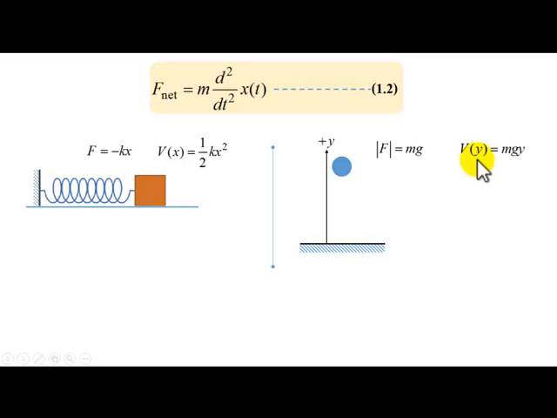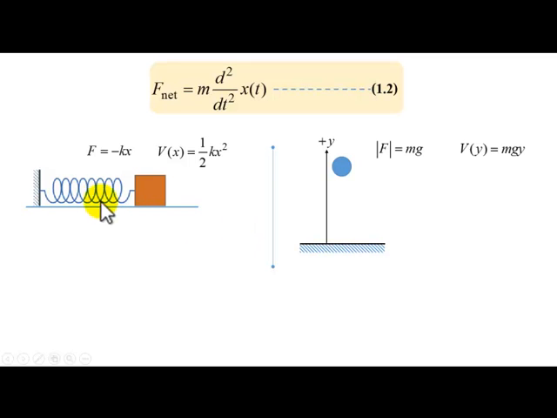From these two examples, the spring and the gravity, the students who have taken a class on undergraduate level classical mechanics would be able to guess the point I am getting at.